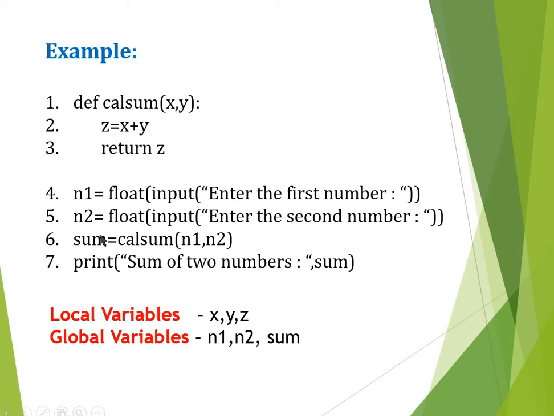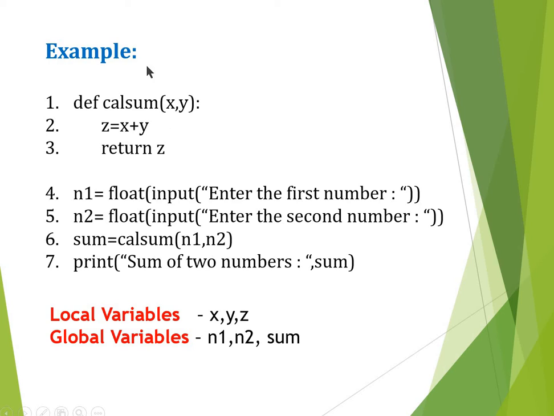Now when it encounters line number 6, it will invoke the function calsum, created with the formal arguments x and y. When this function is called, the variables x, y and z will be created in the local environment.